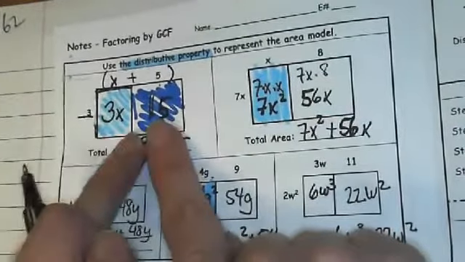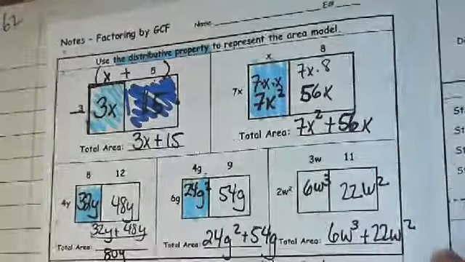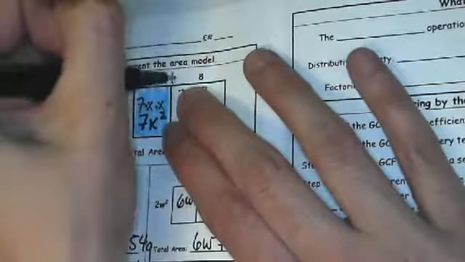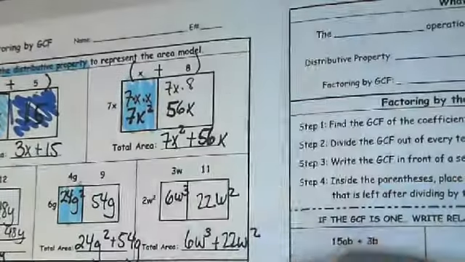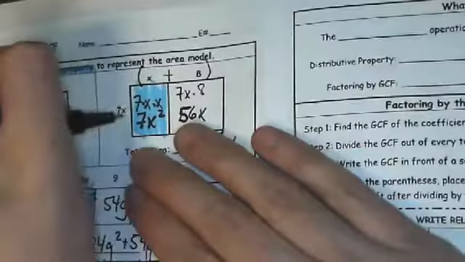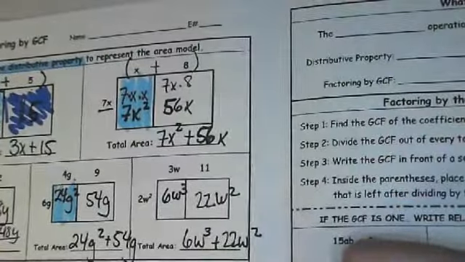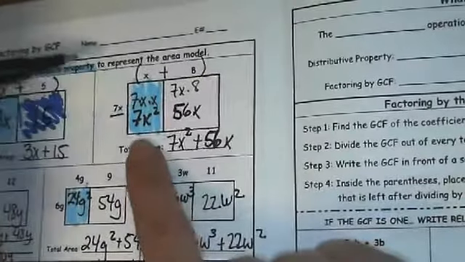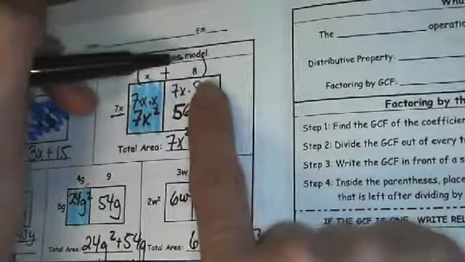So I can go back here, and this is really the piece that's inside the parentheses, these two parts. This is outside the parentheses. Again, I multiplied 7x times x to get 7x squared, and I multiplied 7x times 8 to get 56x, and I put it all together to get the area.